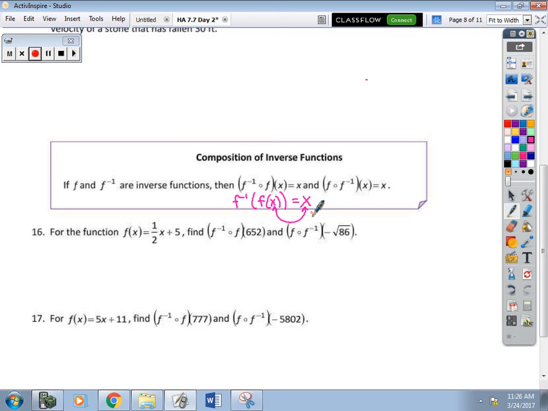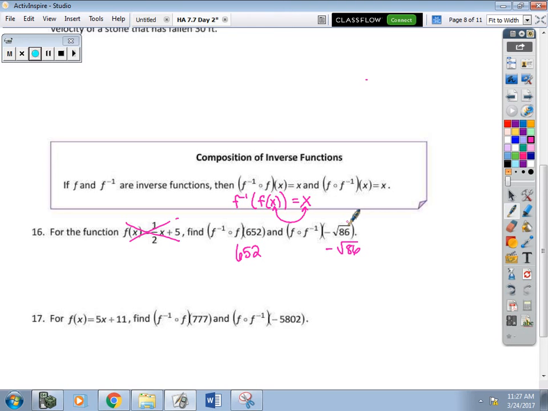So for any of these problems, you don't even have to read what f of x is, because they want you to do the inverse of the function of 652. The answer is 652. If you do the regular function of the inverse of negative square root of 86, you're still going to get negative square root of 86. So literally no work required, but just for you to understand that those things undo one another.